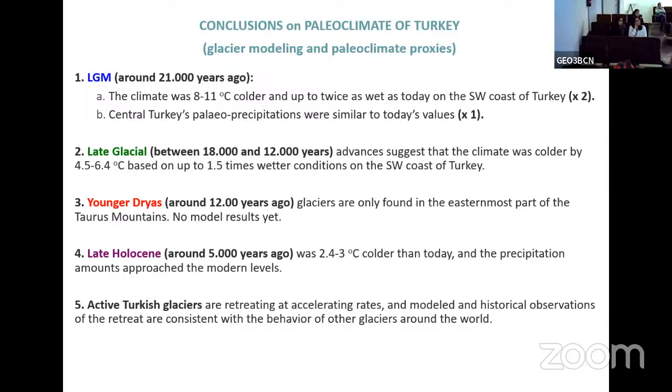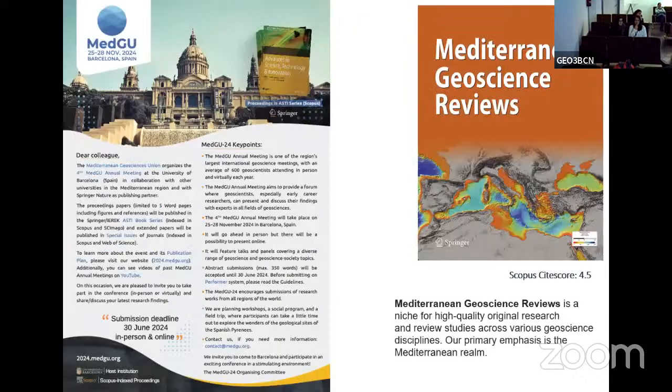LGM is, as in many European parts, very similar, 21,000 years ago. Late glacial, Younger Dryas, late Holocene. So glaciers are melting. That's what we can say for sure. And we still have some glaciers, but not for long, unfortunately. Probably in a couple of decades, they will all be gone.